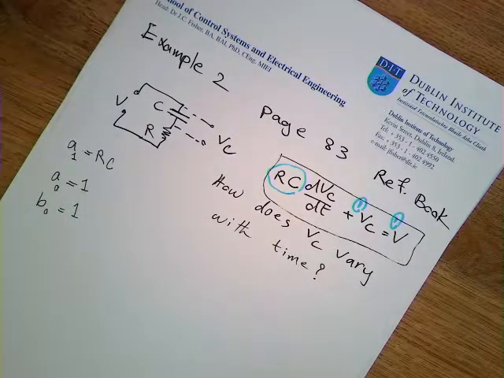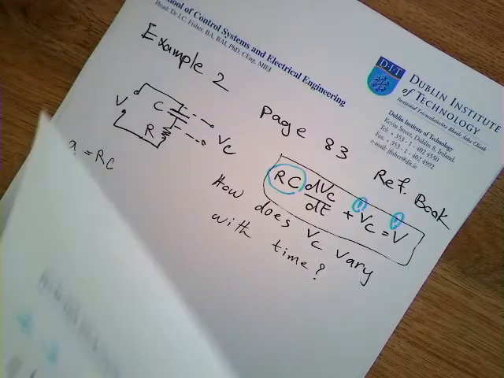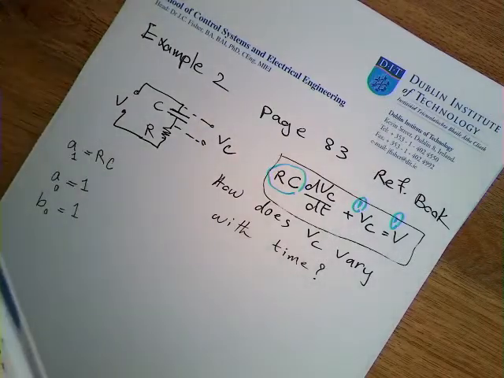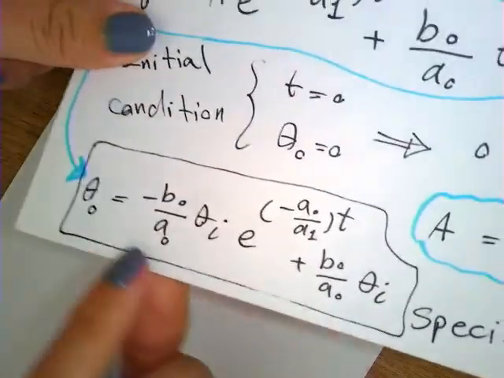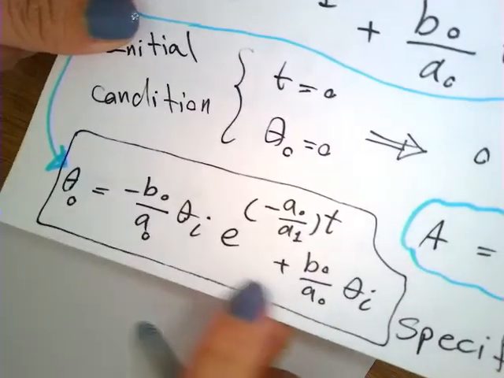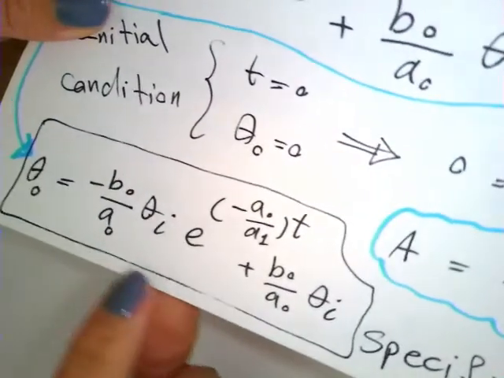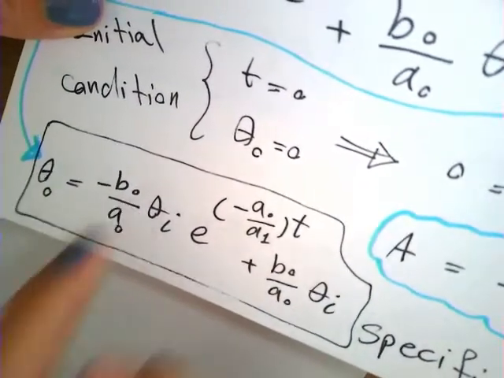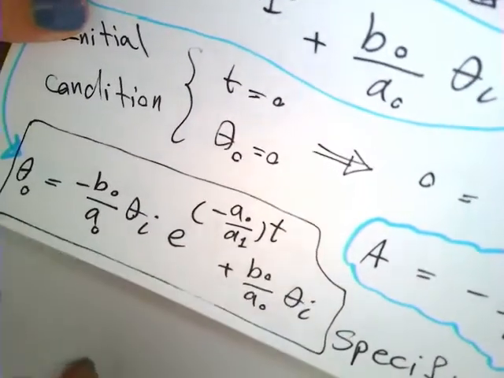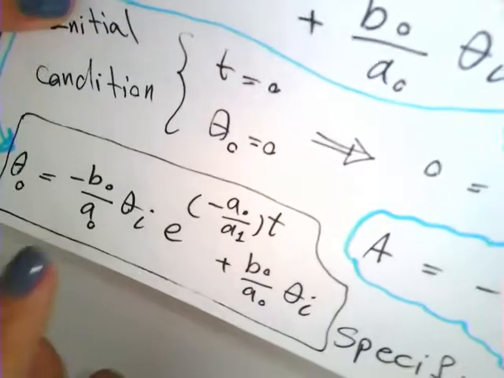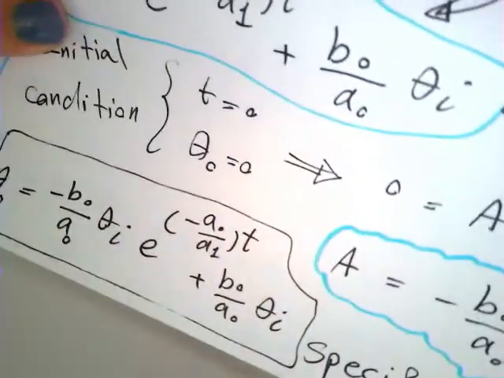So this is my specific solution for a similar system. I can substitute my B0, A0, and A1 to obtain the solution because the performance will be similar.